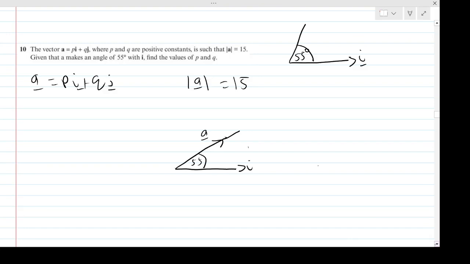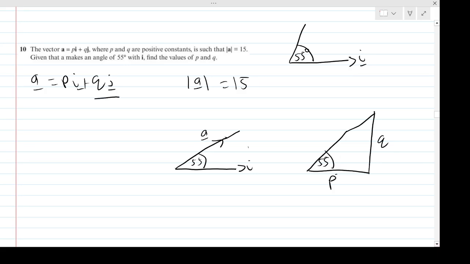So effectively we've got the triangle of this. The angle of 55 here, and then obviously that's going to be the i part, so it's going to be pi, and then this is going to be qj, the j part. So the i part, the p, represents the x part, and the q is the j part, so it represents the y.